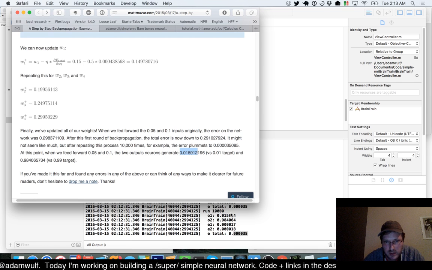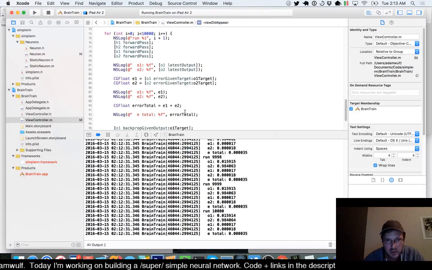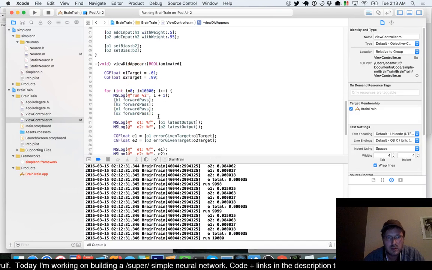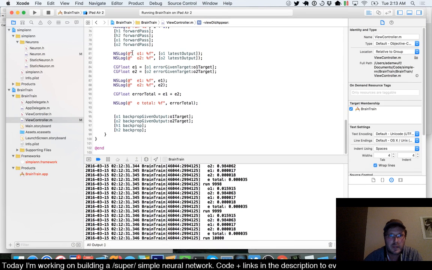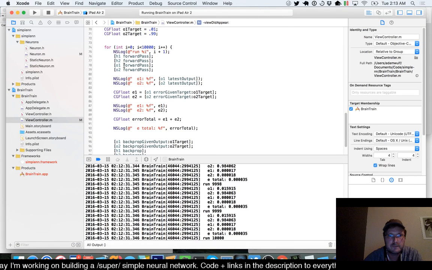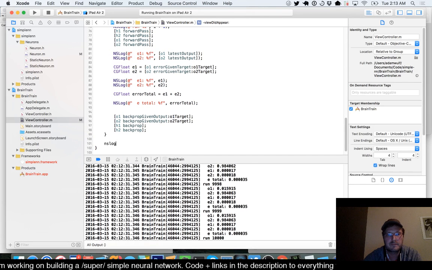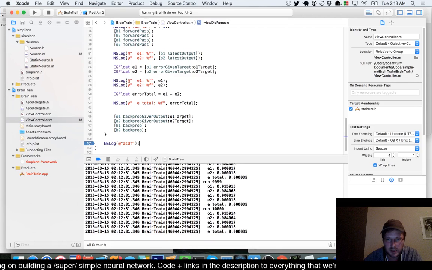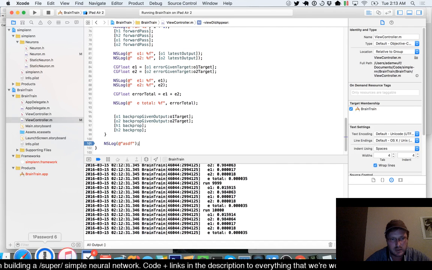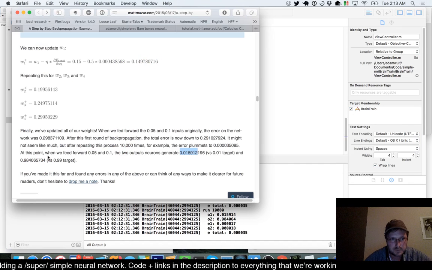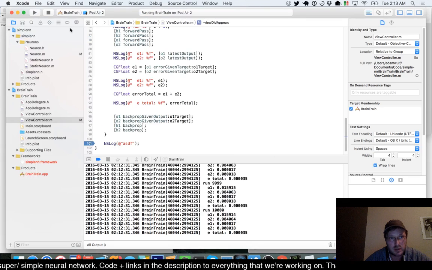Oh, it's probably just because it's not spitting out very nicely. I'm going to assume it's because it's not spitting out very nicely. And then 0.98, 0.984065. Yeah, I'm going to assume.